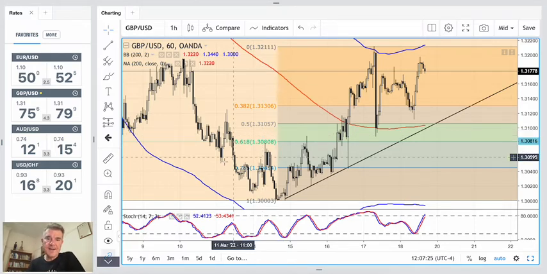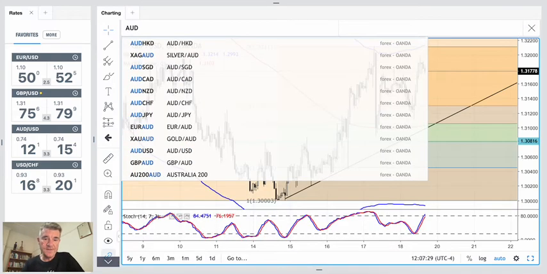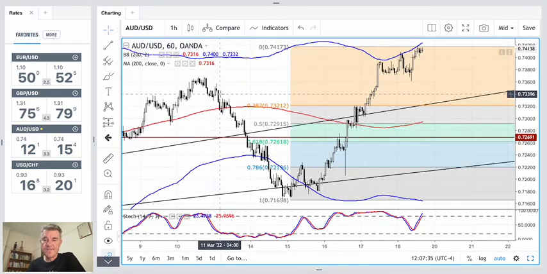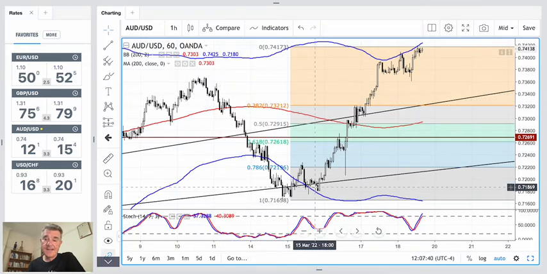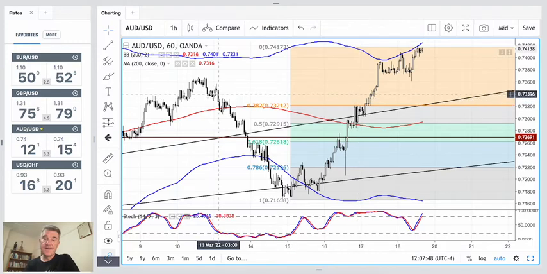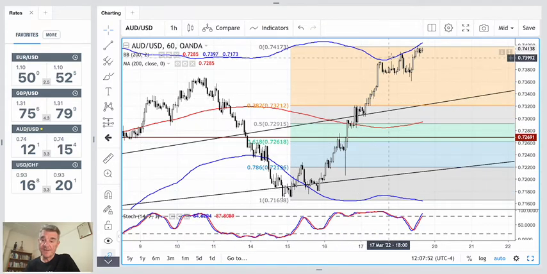All right. Now let's go and have a look at the Australian dollar and see what we can find out from that chart. So there we go. First thing that you'll see on this chart is a very long move up without a break, without a retracement, without a hesitation. We saw one there on the way down, but this one's even longer.